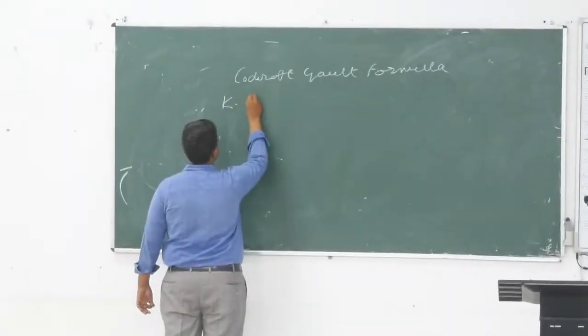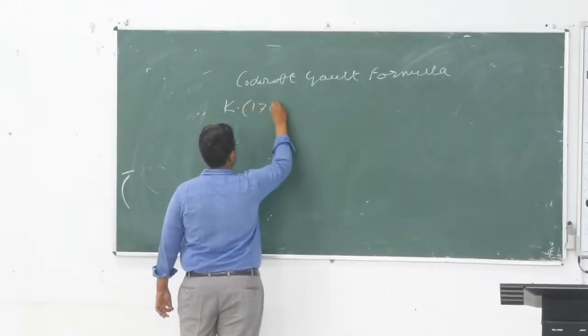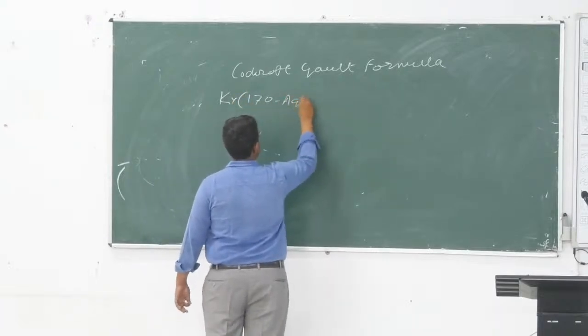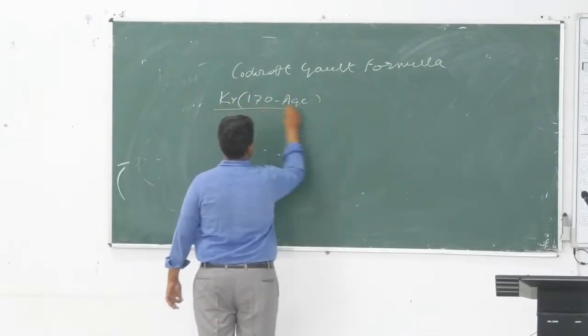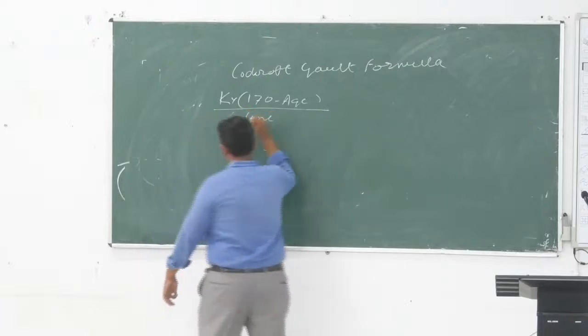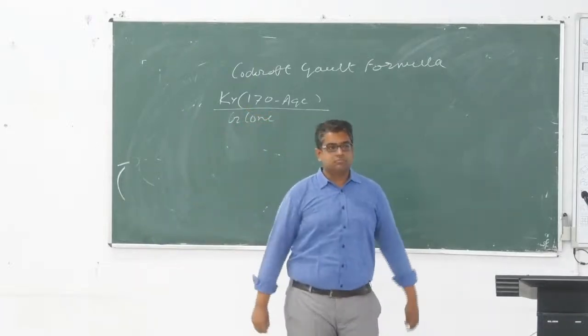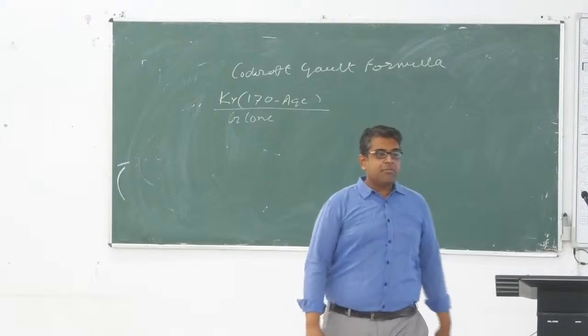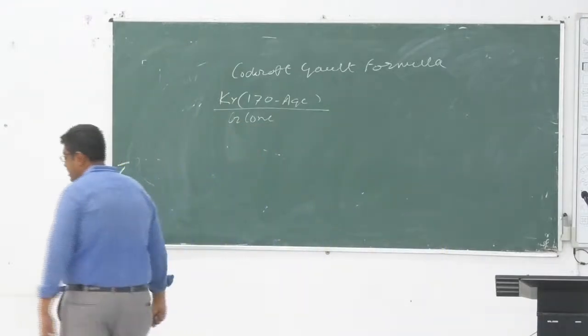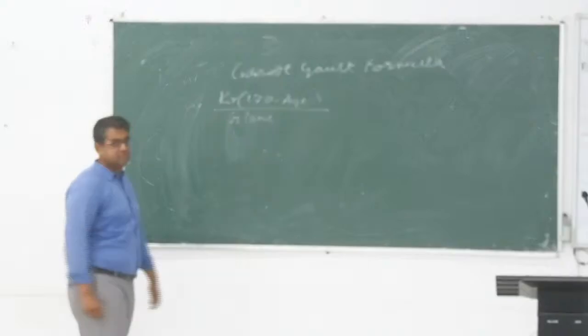It is 170 minus age, divided by 88, multiplied by K, divided by the creatinine concentration.